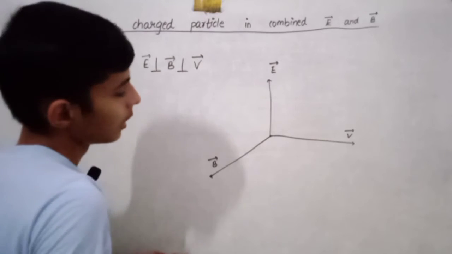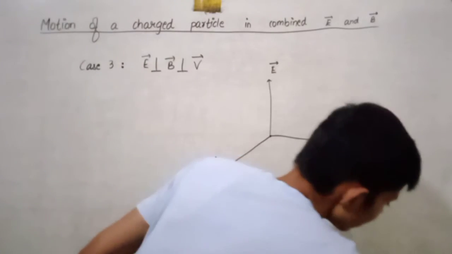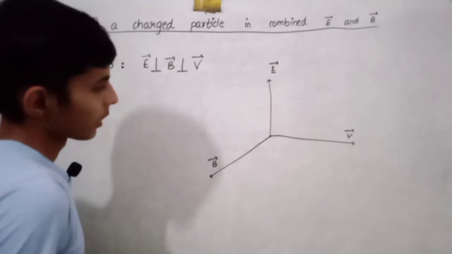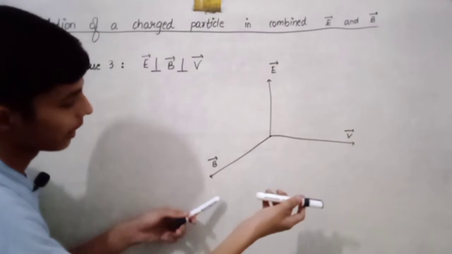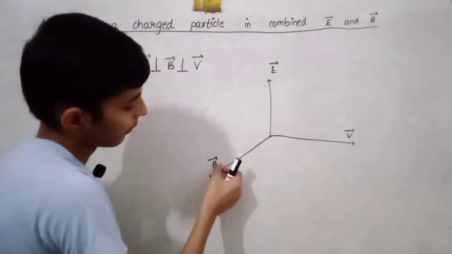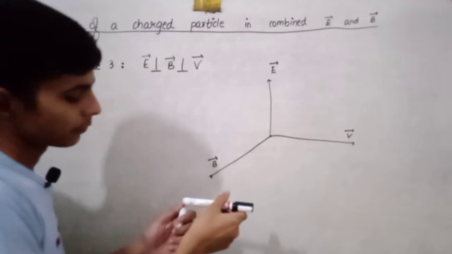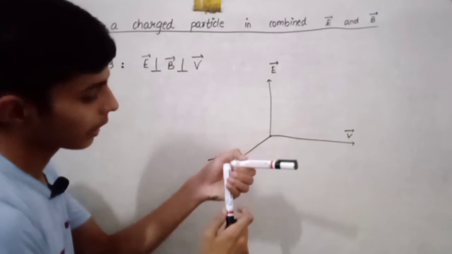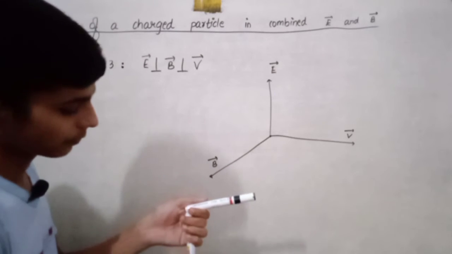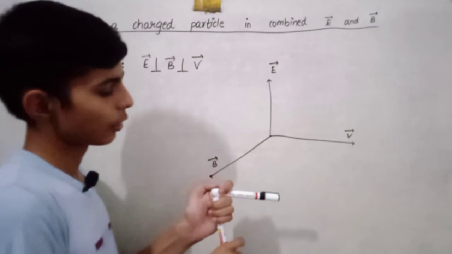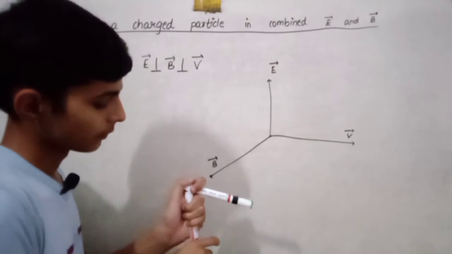Now we have to find the direction of magnetic force. So this is our velocity vector and this is our magnetic field vector, perpendicular to each other.